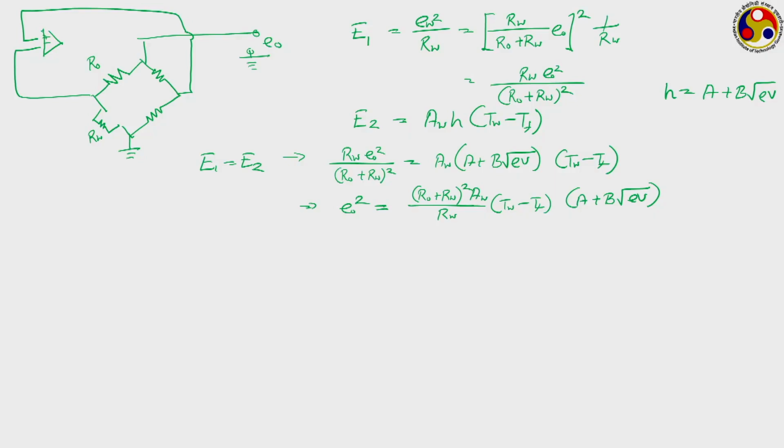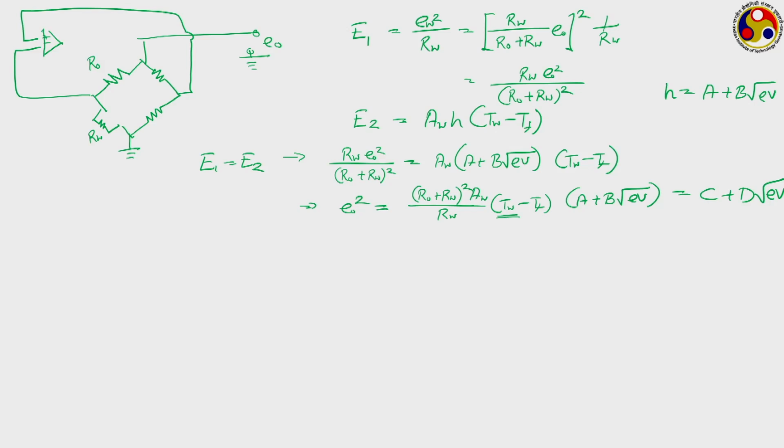So, if we are operating in a constant temperature mode, that means keeping TW as constant, then what can we write? This one can be written as some C plus D into root over rho V, where C and D are just the extracts from this particular equation, and these are constants only.